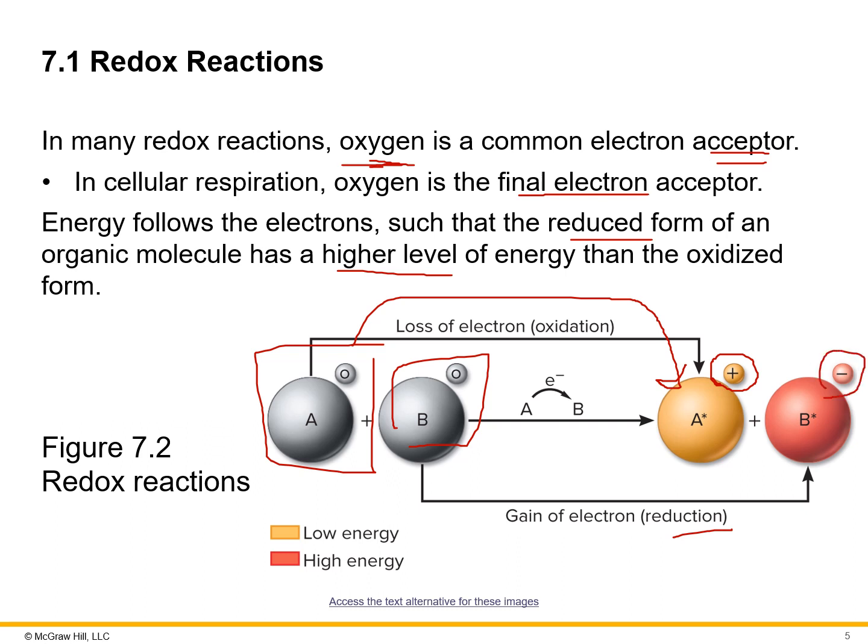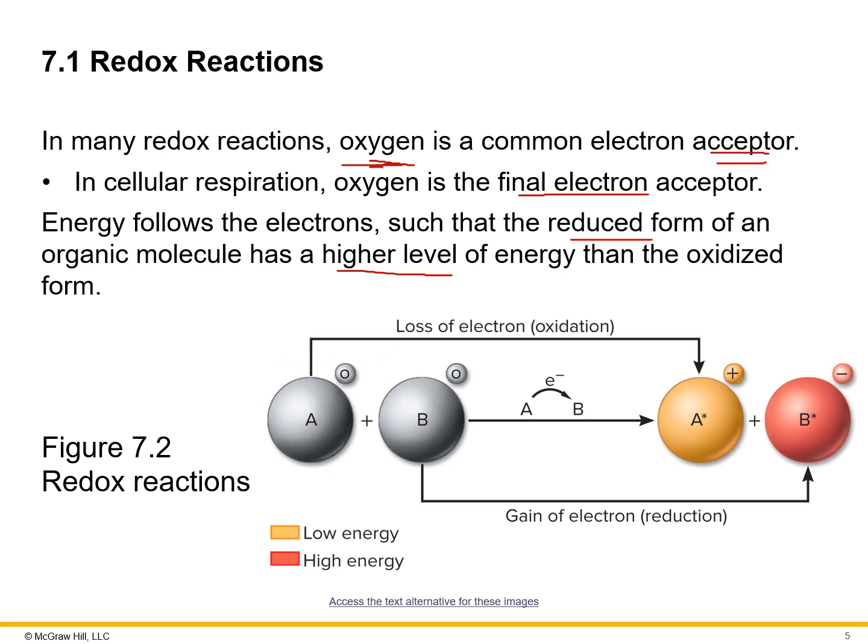So essentially what is happening here, let me erase all of these lines that are going all over the place. Ultimately what is happening in this oxidation reduction is the electron from A is being given to B. So A is becoming oxidized, B is becoming reduced.